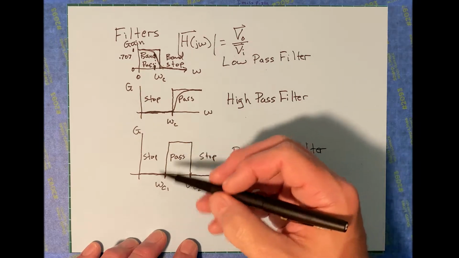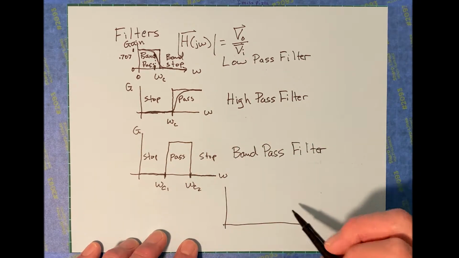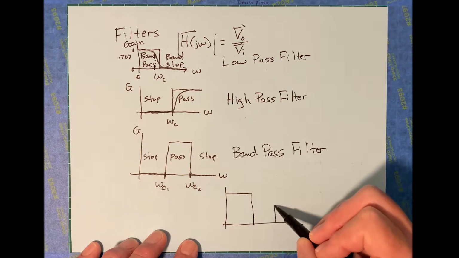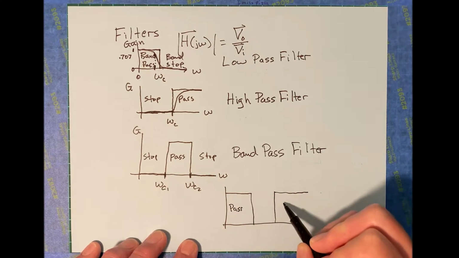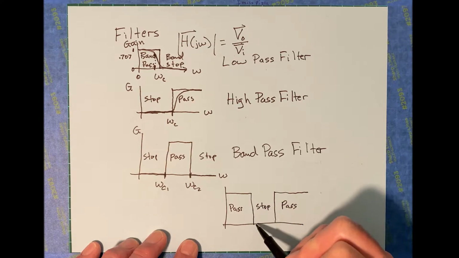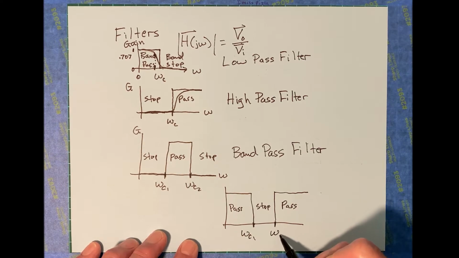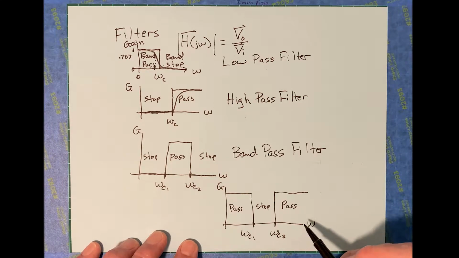Okay, the inverse of that could also exist. So we have pass regions on either side of a stop region. So this would be the band pass, this would be the band pass, and this would be the band stop. And you still have two cutoffs, omega C1, omega C2, gain versus frequency, like that.